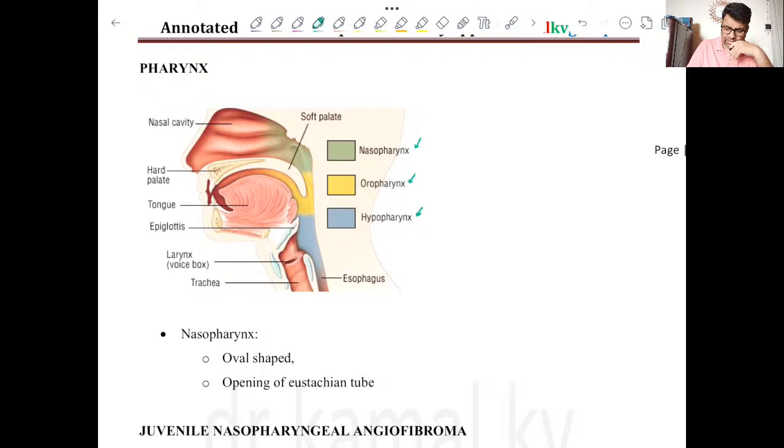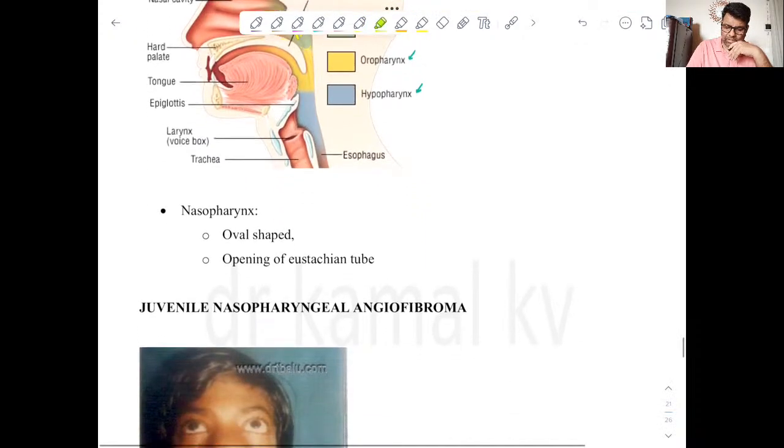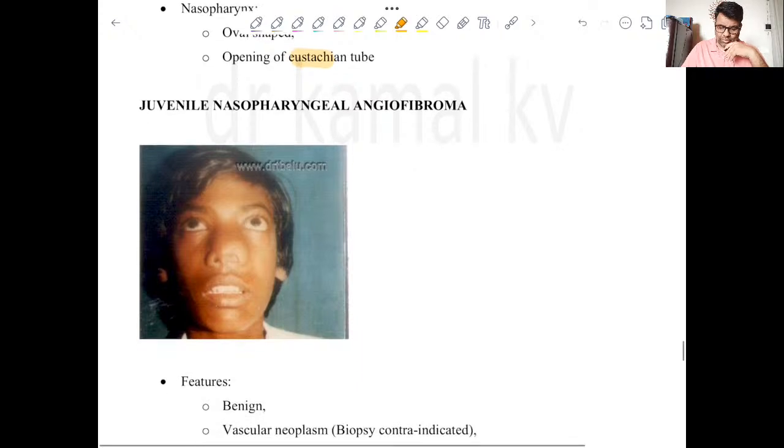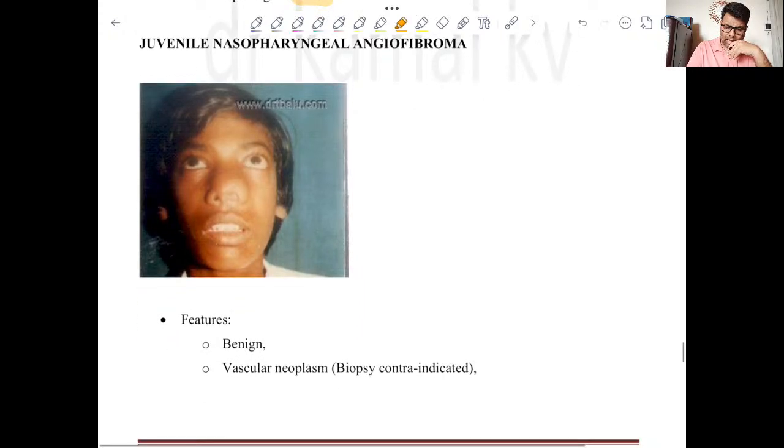And in nasopharynx, which is an oval shaped cavity, the important landmark is opening of Eustachian tube. So this is very important here, Eustachian tube. Then moving forward to juvenile nasopharyngeal angiofibroma, and it is especially seen in pubescent males.